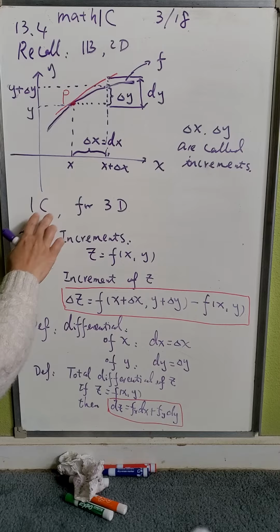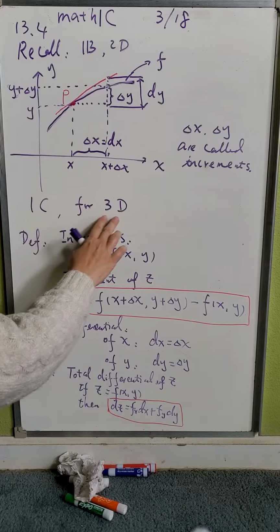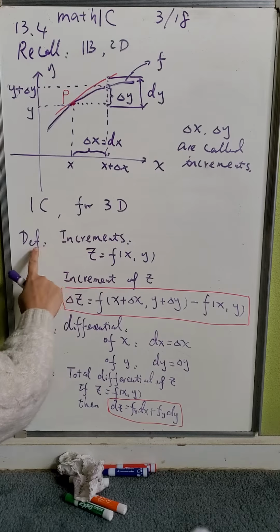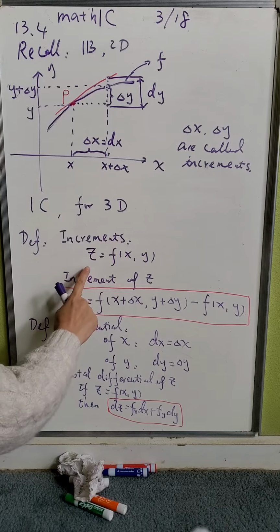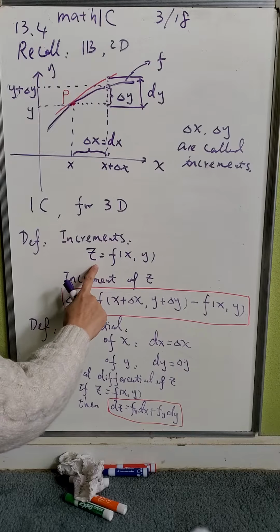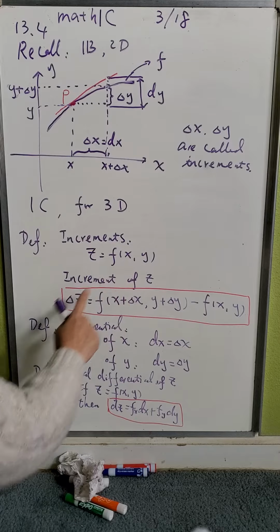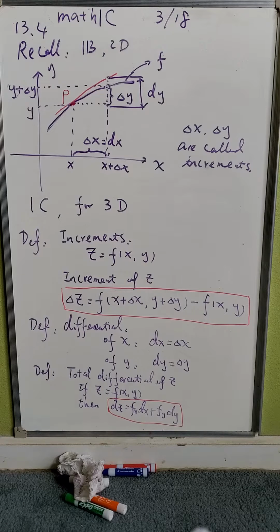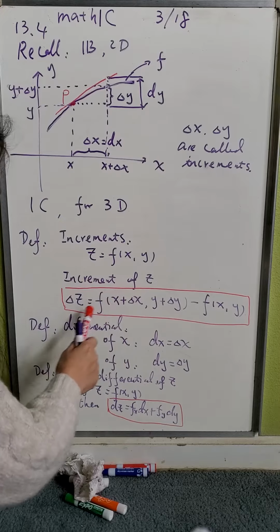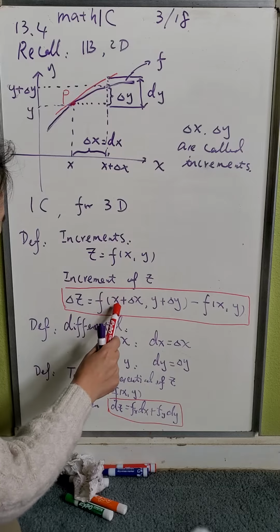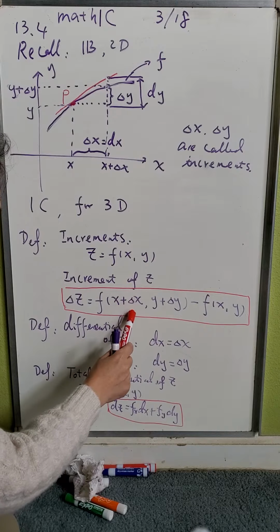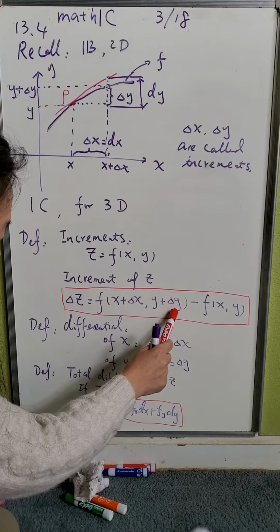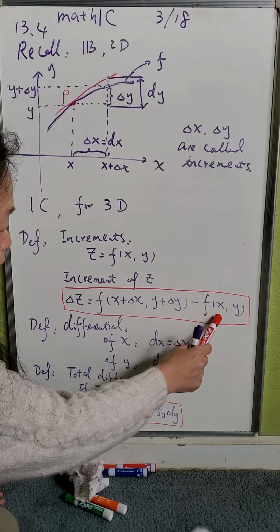For 1C, for three dimensions, we're going to learn what the increment is. If g is equal to f of x, y, so that's a surface, the increment for g is f of x plus delta x, y plus delta y, and then subtract the original one, f of x, y.